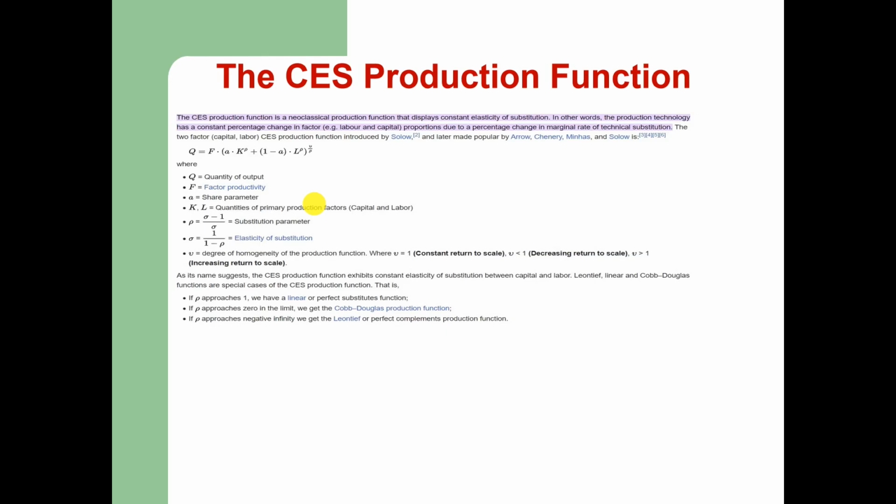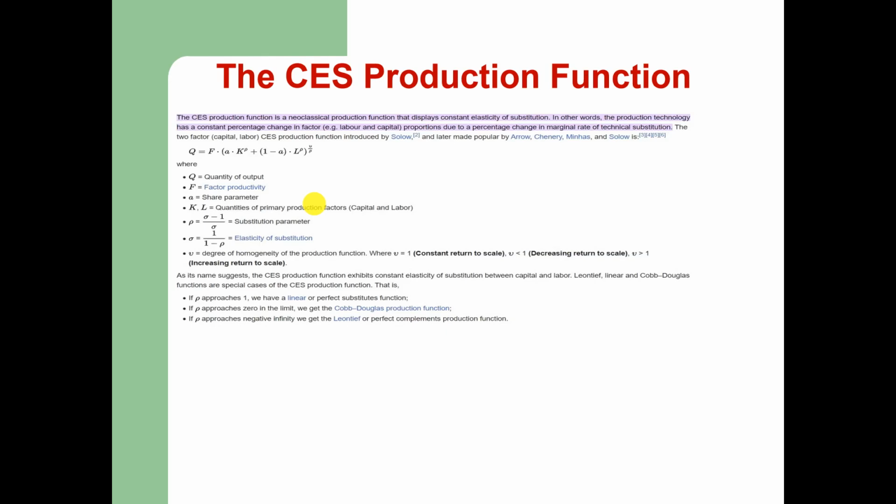As its name suggests, the constant elasticity of substitution production function exhibits constant elasticity of substitution between capital and labor. Leontief, linear and Cobb-Douglas production functions are special cases of the CES production function. If rho approaches 1, we have a linear or perfect substitutes function.